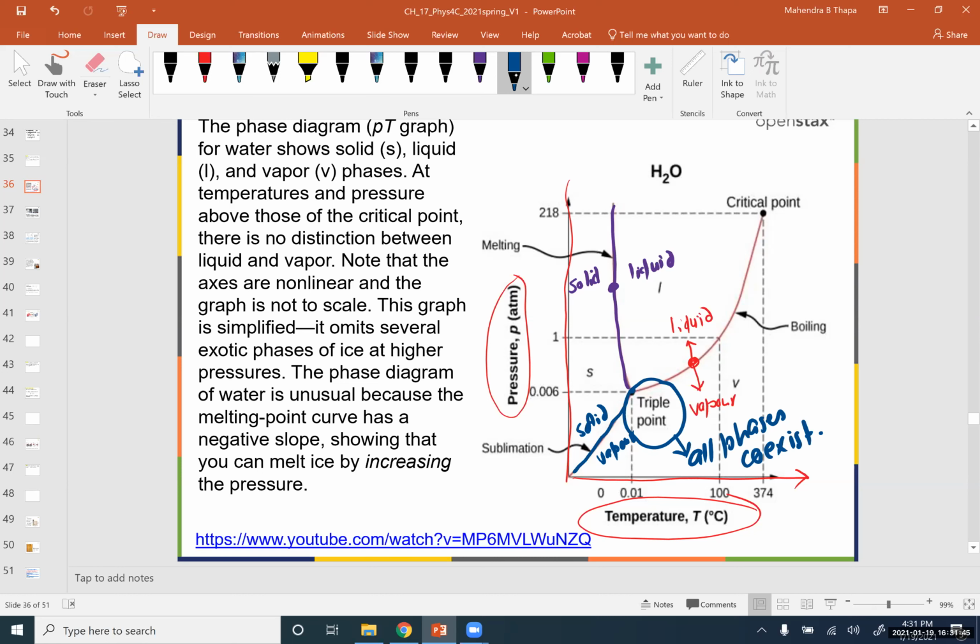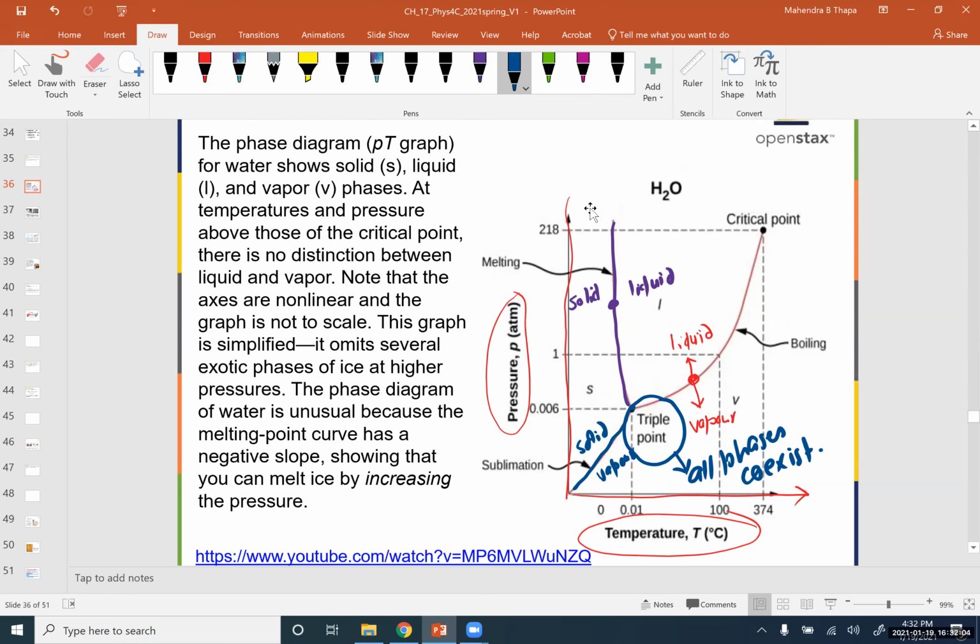Apart from that, only two phases coexist, either solid and liquid, or solid and vapor, or liquid and vapor. So at this particular point, all the phases coexist. This is called the triple point.